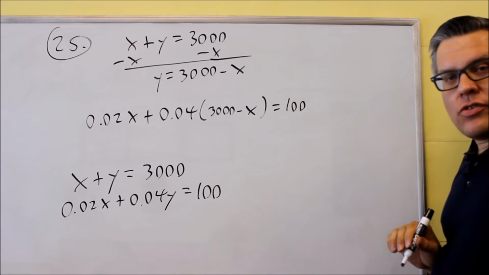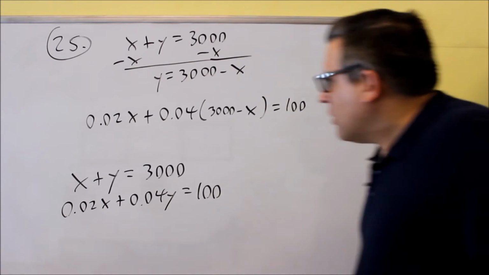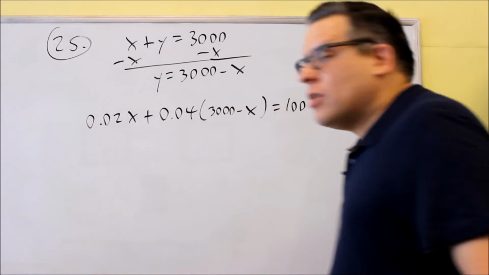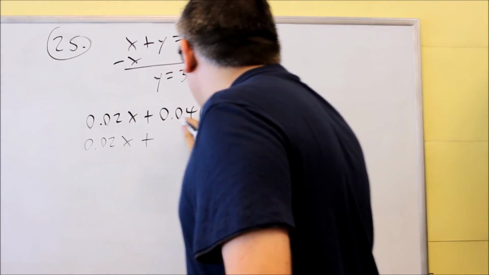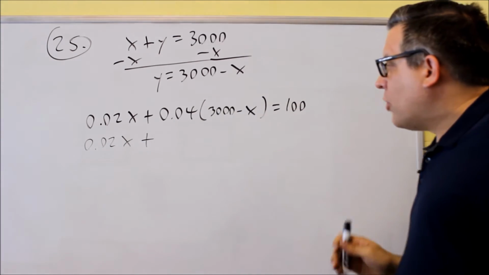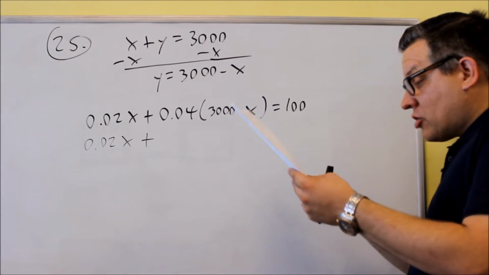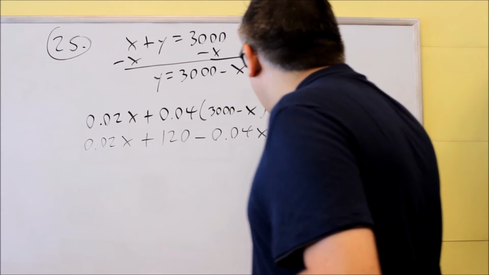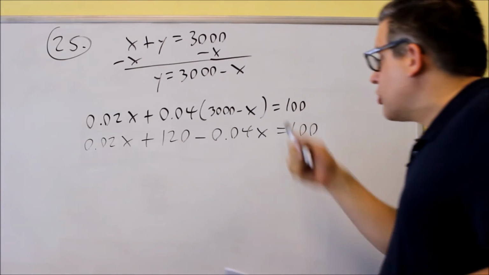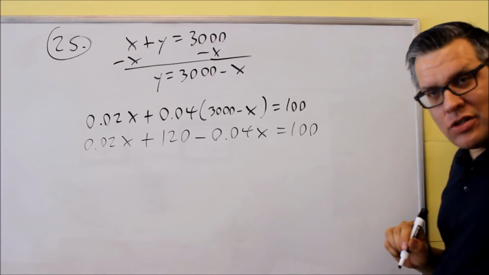Now it's just a matter of using some algebra to solve that. I have 0.02x plus, now we multiply 0.04 times both things on the inside. When I do that, I get 120 minus 0.04x, and that's going to equal 100. So we've cleared out the parentheses.